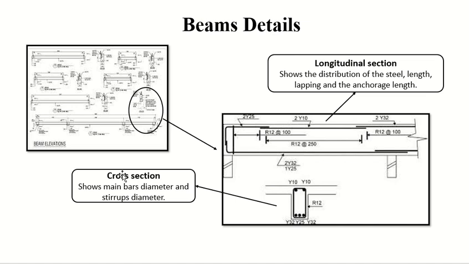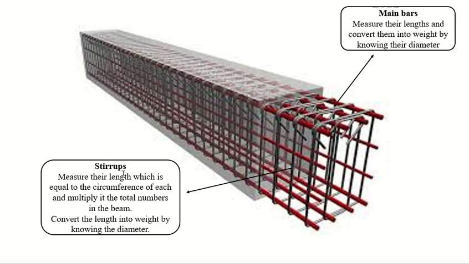So these are the details about the beams. We have the main bars. The longitudinal bars are called the main bars, and then we have these rings which are called the stirrups.